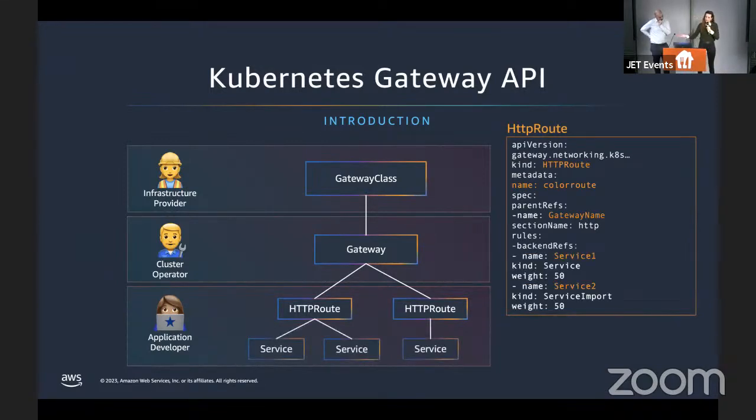You can see that we have Kubernetes services targeted in this sense, but as you can imagine, you can use multi-cluster services APIs as targets of these routes. So you could potentially have part of the traffic sent to your cluster and an imported service to another cluster.